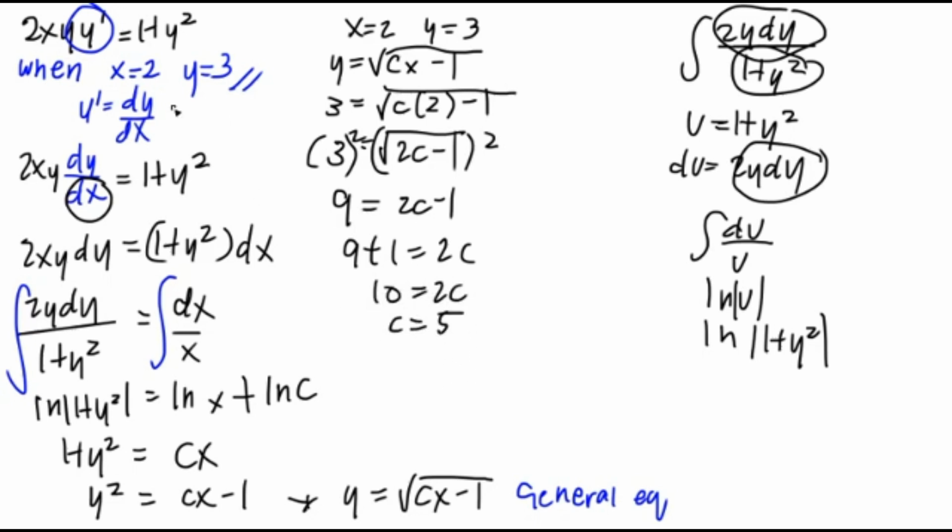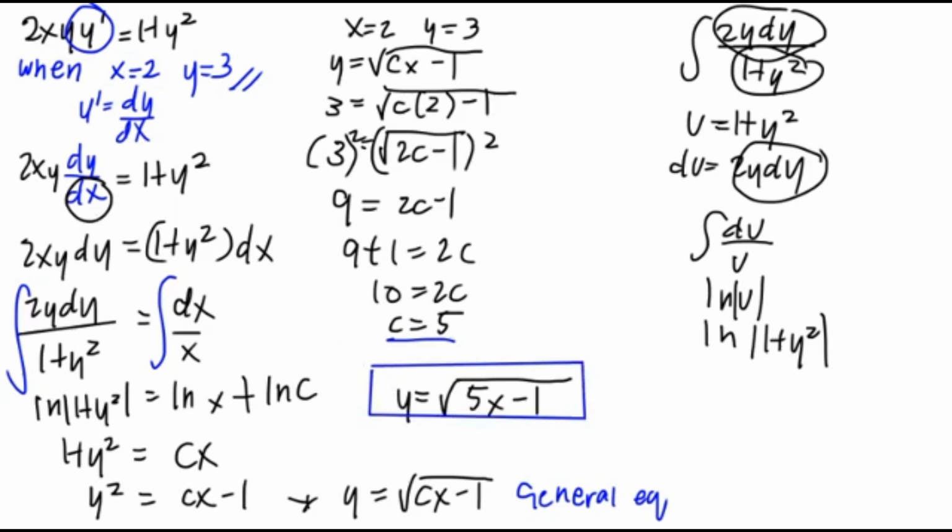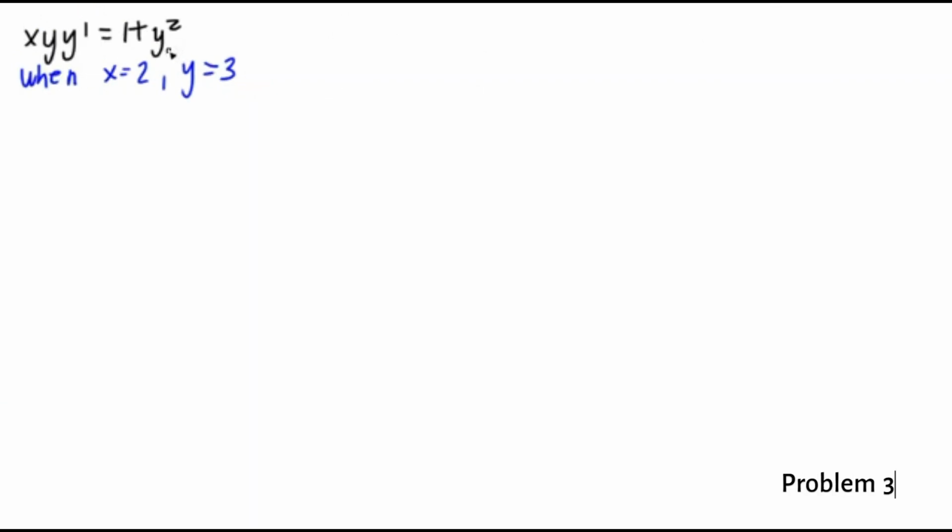Itong value ng c, isa-substitute natin dito sa general equation. So, magiging na siyang y is equal to square root of 5x minus 1. Tapos yan na yung final answer. So, problem natin is y prime is equal to 1 plus y squared.